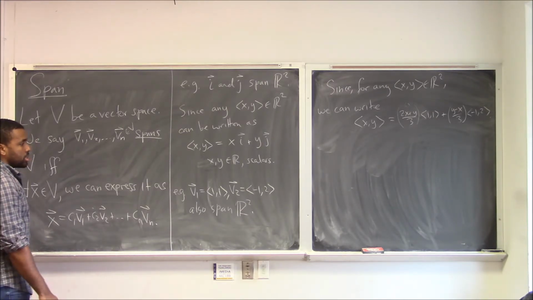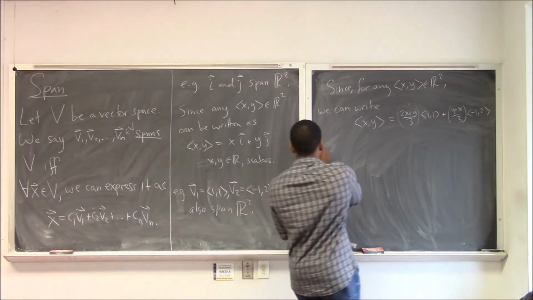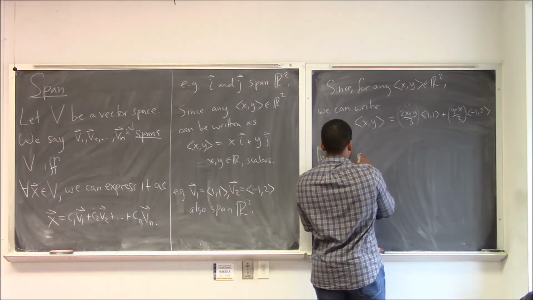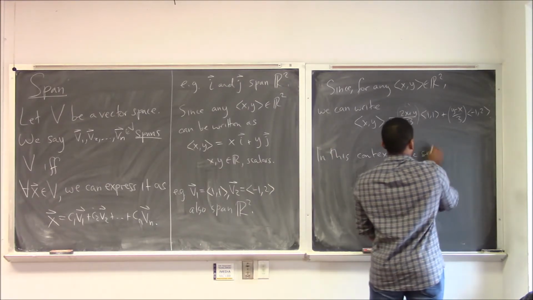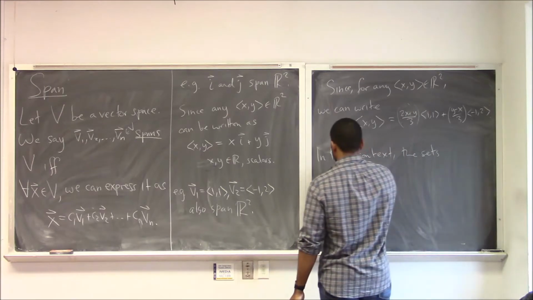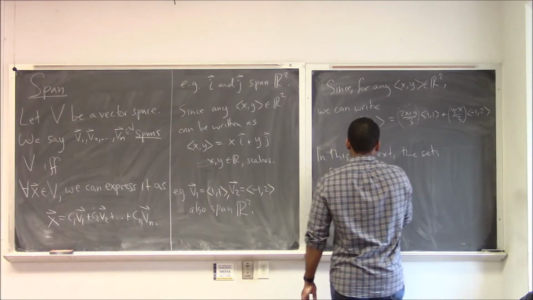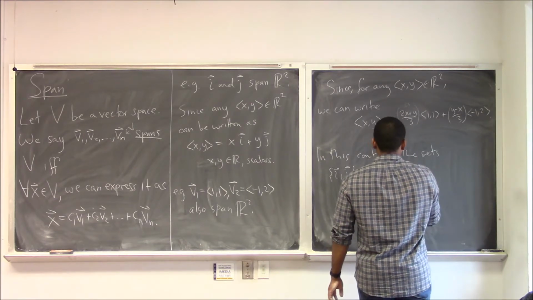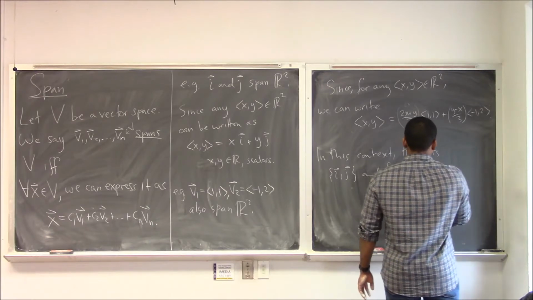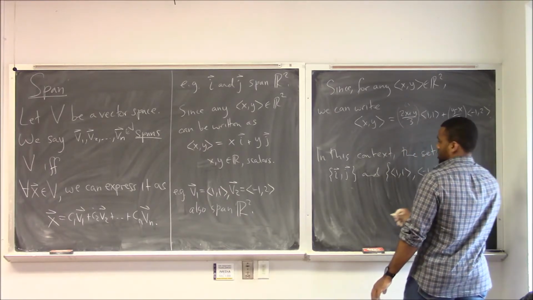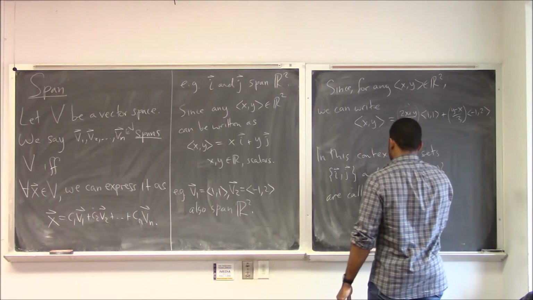So these guys are called span. And in this context, the sets {i, j} and {(1, 1), (-1, 2)} are called spanning sets.